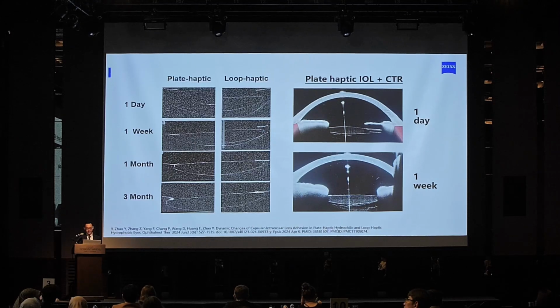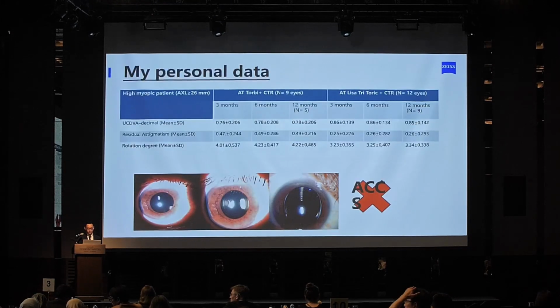When I use the plate haptic IOL and CTR, the final apposition is even faster, around 1 week. So the effective lens position is better, and the stability. After follow-up at 1 year, in my personal data from last year, I have never found ACCS on any of my premium IOLs, especially in high risk patients.